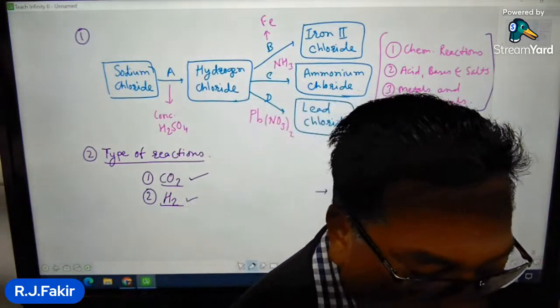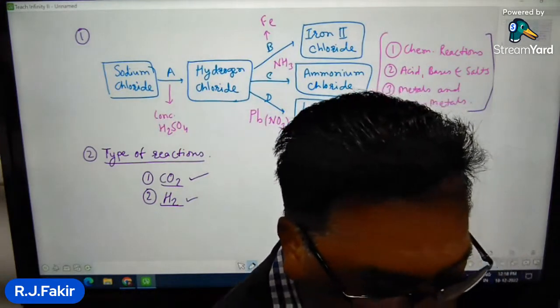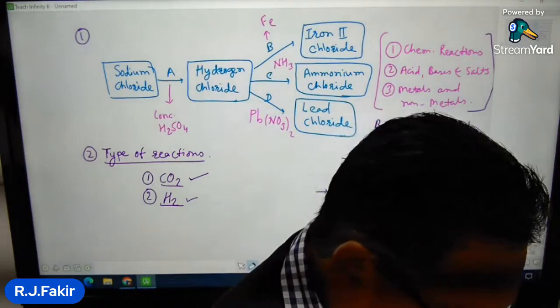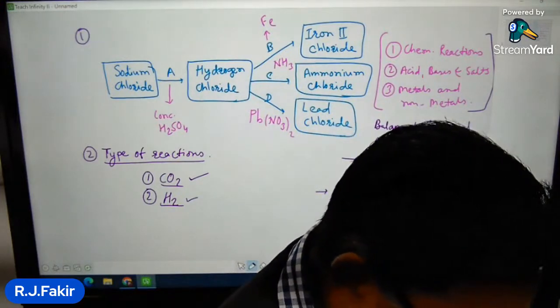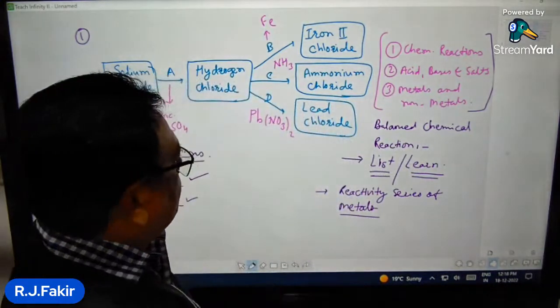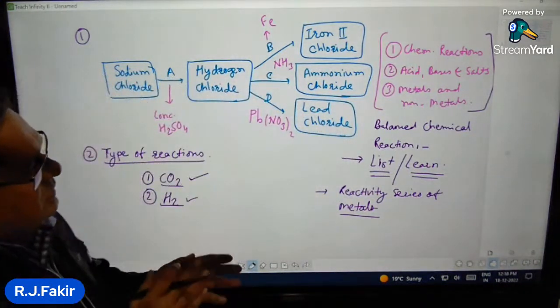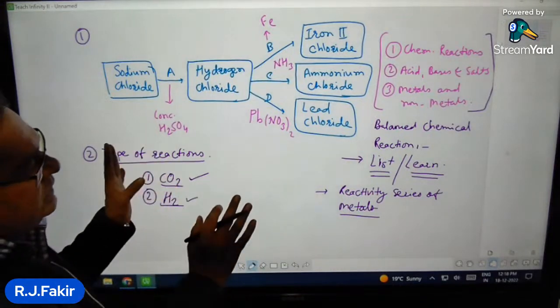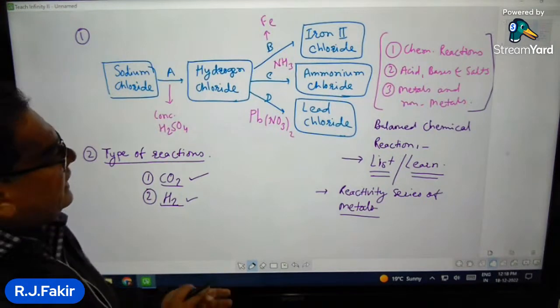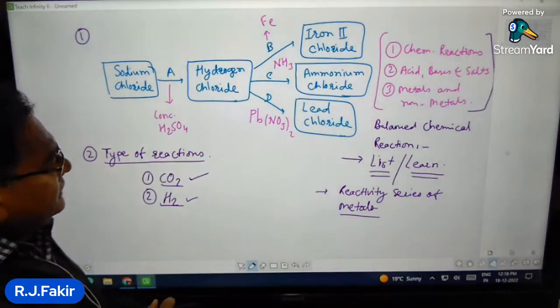If you have some questions to ask me, you can just put them into the chat box. Okay, you just go on noting down these points. When you study science, you just try to remember these things.